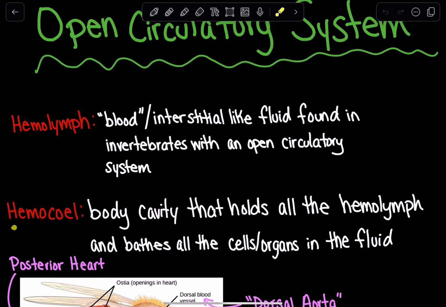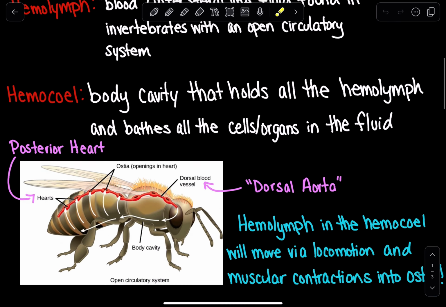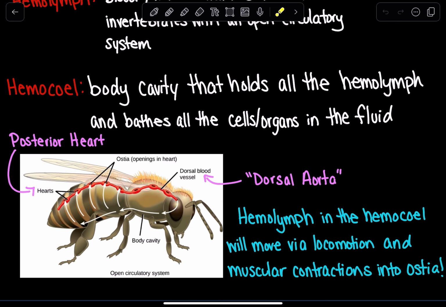So the hemocoel is essentially the body cavity that holds the hemolymph. And that hemolymph will bathe all the cells and organelles within the hemocoel so that they can get the nutrients that they need.